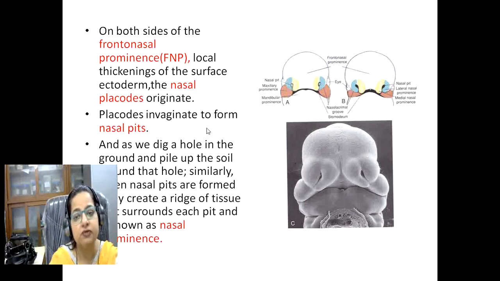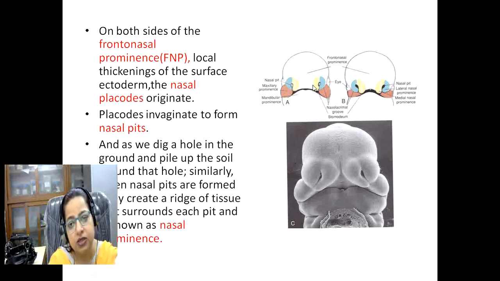When this nasal pit is formed, heaping up of mesenchyme takes place around that pit, and that heaping up is known as prominence. So this nasal pit divides the heaped up prominence into 2 components.